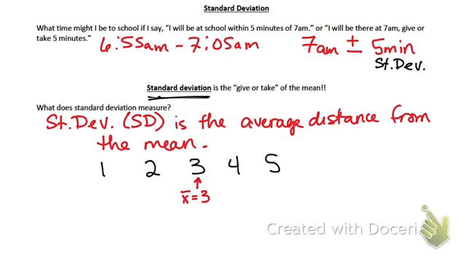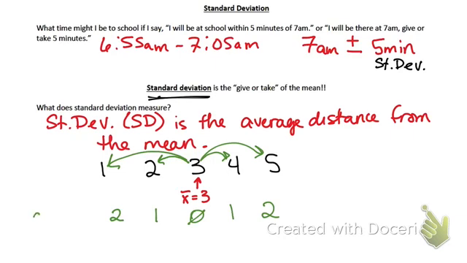What is the distance from 3 to 1? 2. What is the distance from 3 to 2? 1. What is the distance from 3 to itself? 0. What is the distance from 3 to 4? The distance from 3 to 5? 2. Okay, what have we just found?